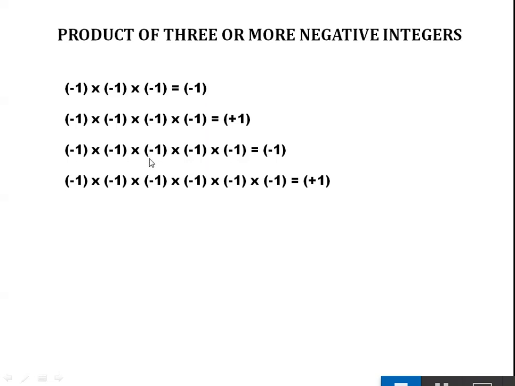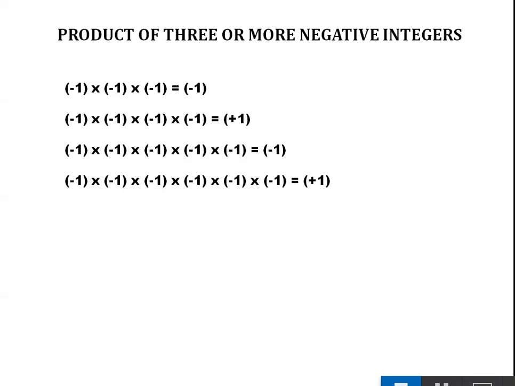When you are multiplying negative 1 5 times, again you are getting negative 1. What is the condition in second and fourth one? In the second one you are multiplying negative 1 4 times, and in the fourth one you are multiplying negative 1 6 times. You are getting a positive answer.